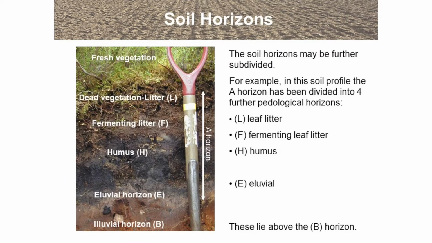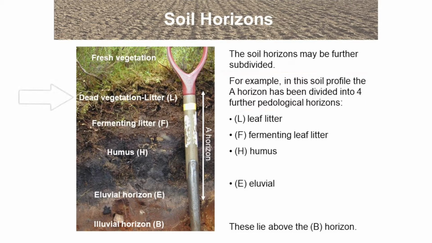As I mentioned in the previous slide, soil horizons are often more complicated, and this soil profile on this slide shows a more complicated series of horizons. The horizons may be further divided. For example, in this soil profile, the A horizon has been divided into 4 further pedological horizons.